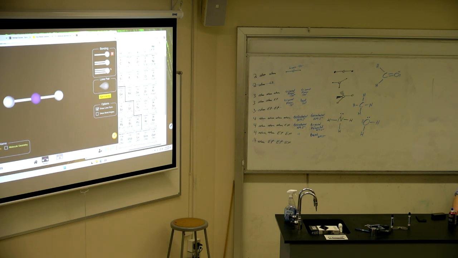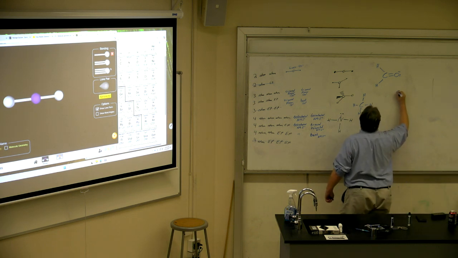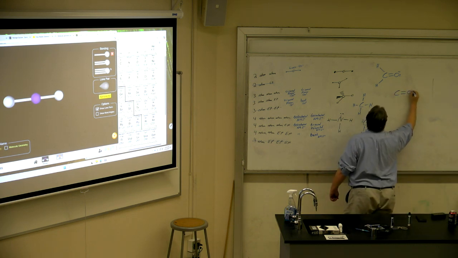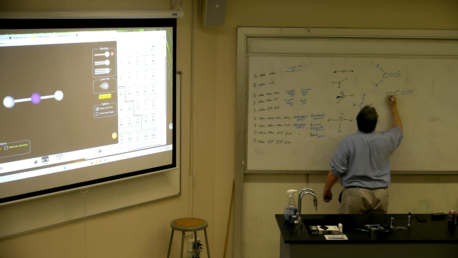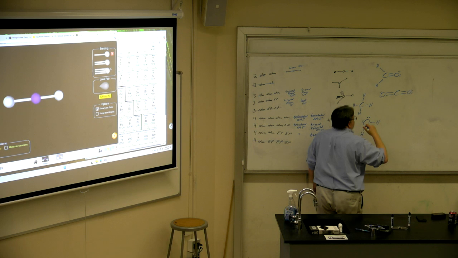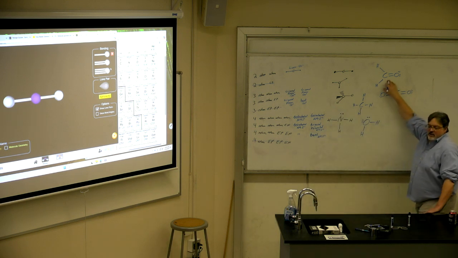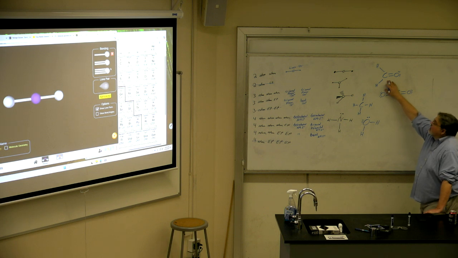But let me do, I should say this. This example, I made you look at it. I made you come up with a trigonal planar. Really, this carbon is trigonal planar.